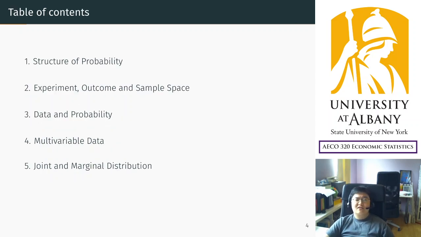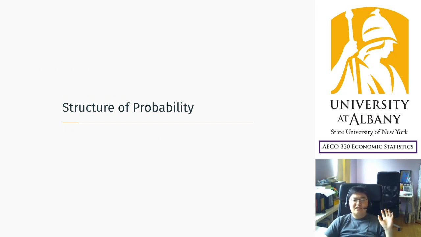In this chapter, we will go through these main sections. But pretty much it'll be pretty easy and elementary, so don't worry too much about the new words. Let's think about the structure of probability. We will define how probability is structured.